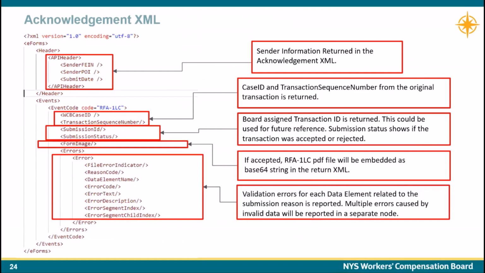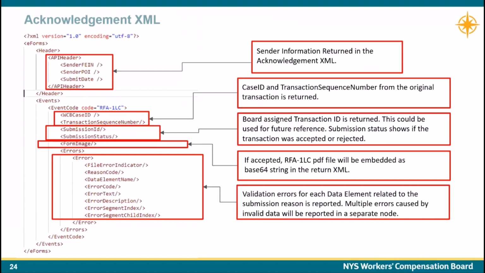So after processing the transaction, the API will return the acknowledgement in an XML format, and the acknowledgement template as shown here will have the header section, which will contain the sender information, sender FIN, POI, submitted date, and it will have the event section where you will have the WCB case ID, transaction sequence number, the submission ID.